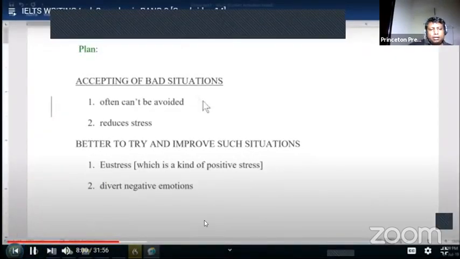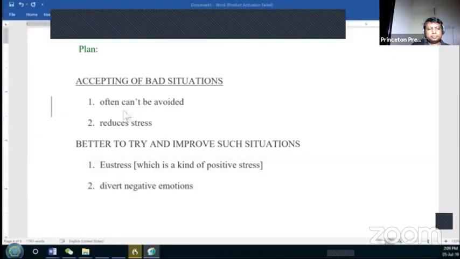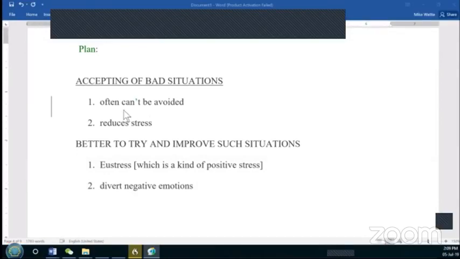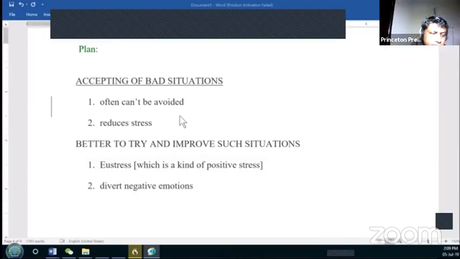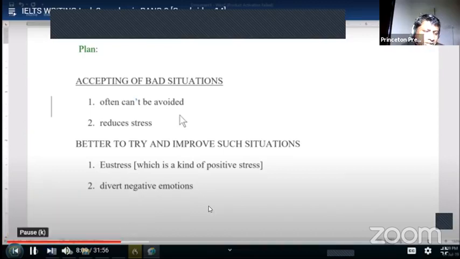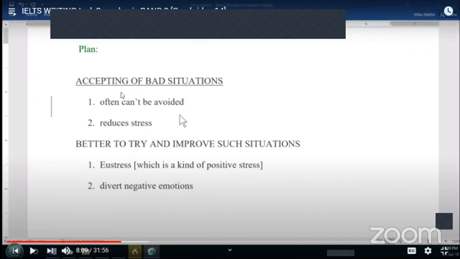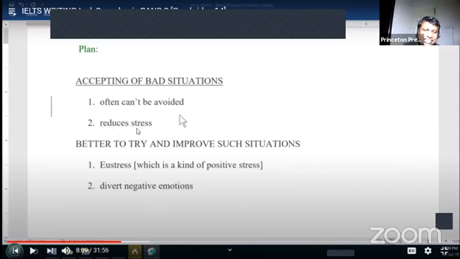Quite difficult to come up with ideas, but I've got a couple here. The first one is that we often just can't avoid bad situations. I think the situation is almost like our COVID-19. We can't help it. We can't avoid it. And if we don't accept the bad situation, stress is going up.